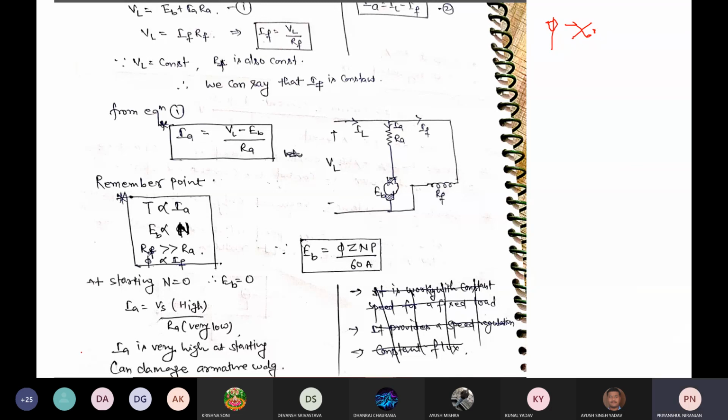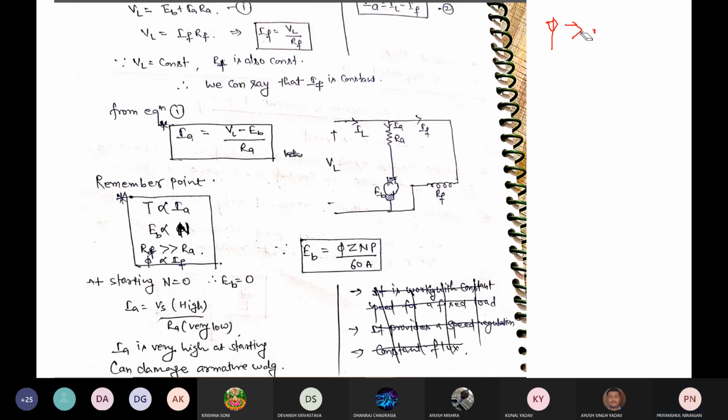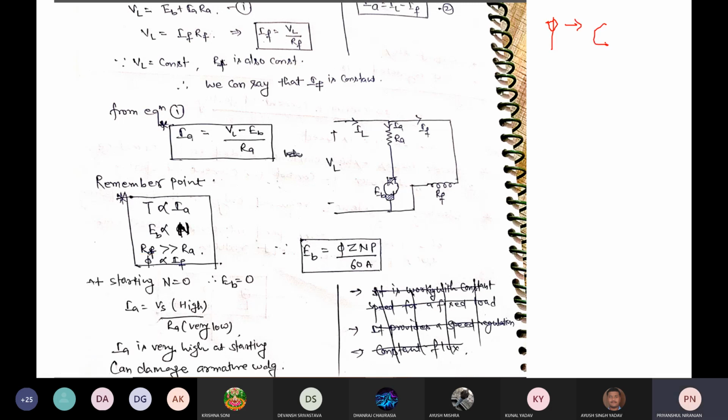And the second one, from this equation you get IA, the armature current, equals VL minus EB over RA. ठीक है?